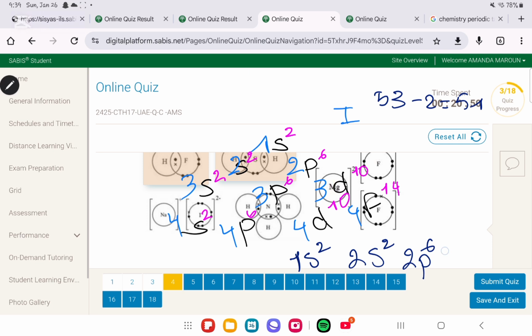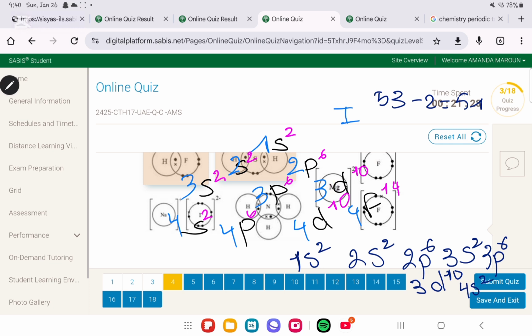Okay, then 3s2 minus 2 electrons, we are left with 41. So, okay, then we have 3p6 minus 6 electrons, we are left with 35. Then 3d10 minus 10 electrons, we are left with 25.